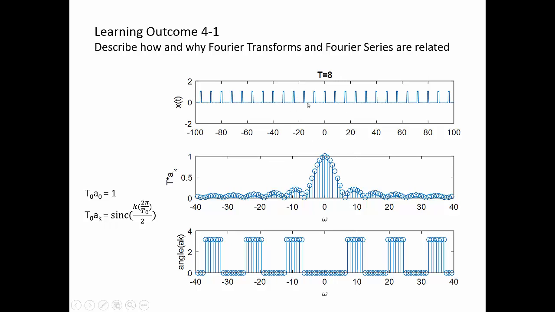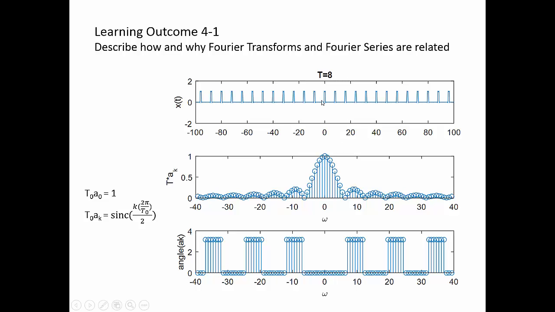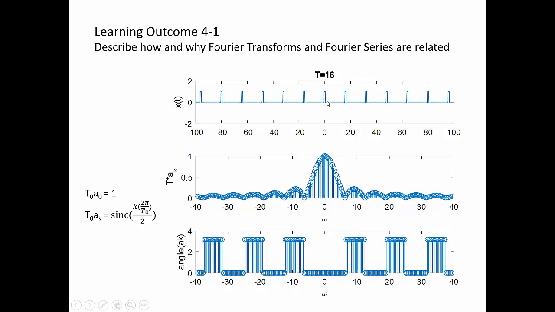So let's do the same set of experiments. T is 8, time signal, T times A sub k, and our angle A sub k. As T increases, we can see the spacing between our pulses increasing, and the spacing between our A sub k values decreasing.